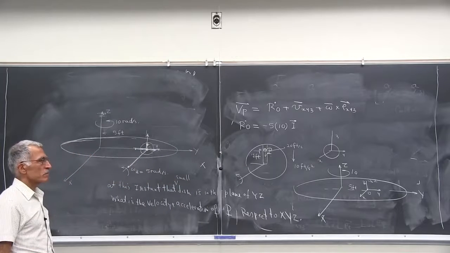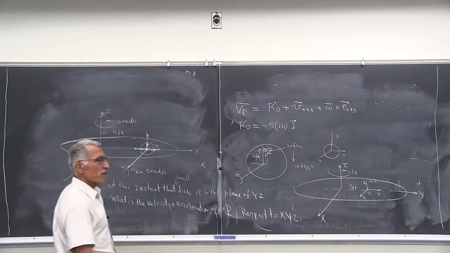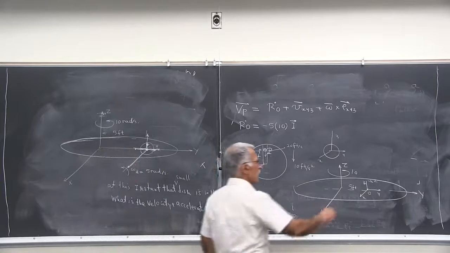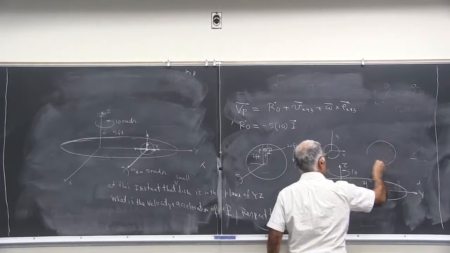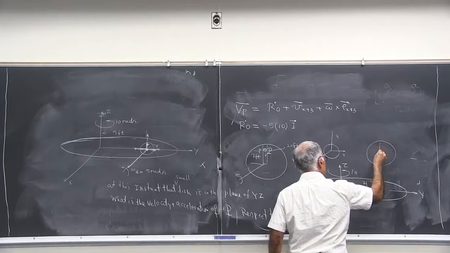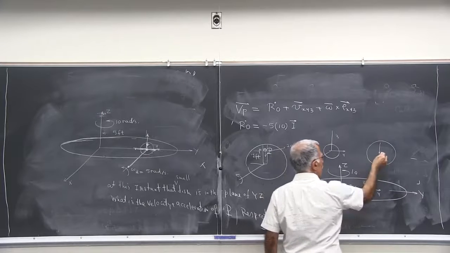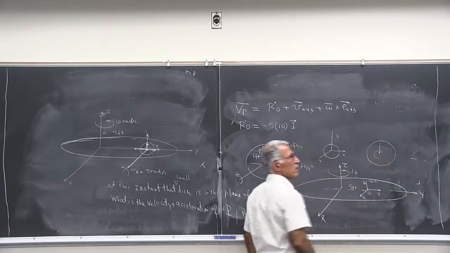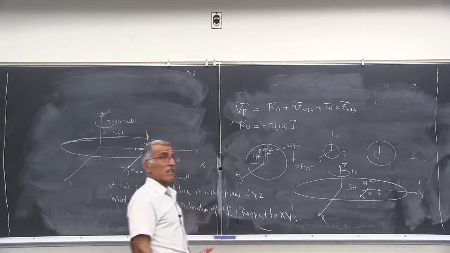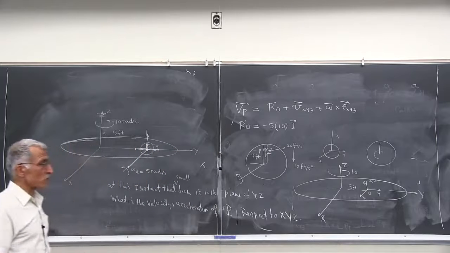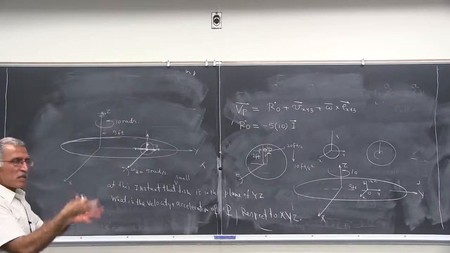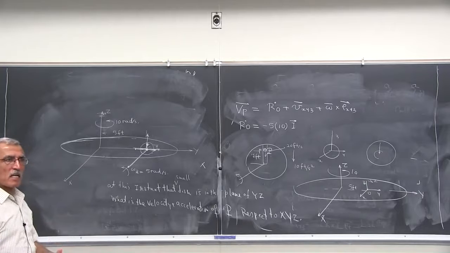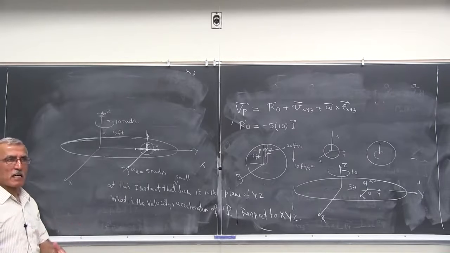So that's it. Now you have to say, OK, forget about the disk itself. This piece of marble is coming down, and it is also rotating. That looks like a cylindrical coordinate system or polar coordinate system to me. And this piece of marble is coming r dot er plus r theta dot e theta.